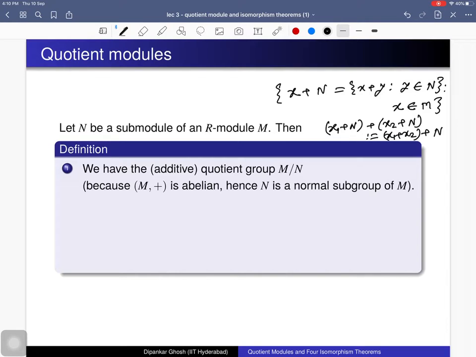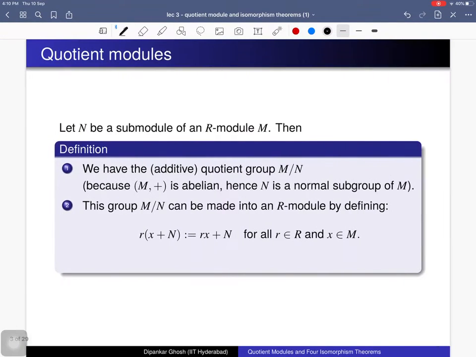So, we have to define the scalar multiplication on M mod N. But we already have scalar multiplication in M, so using that we can define scalar multiplication in M mod N as follows. You pick a scalar, that is an element from R, and you pick a coset x plus N, that is an element of M mod N, then you can multiply them in this way.